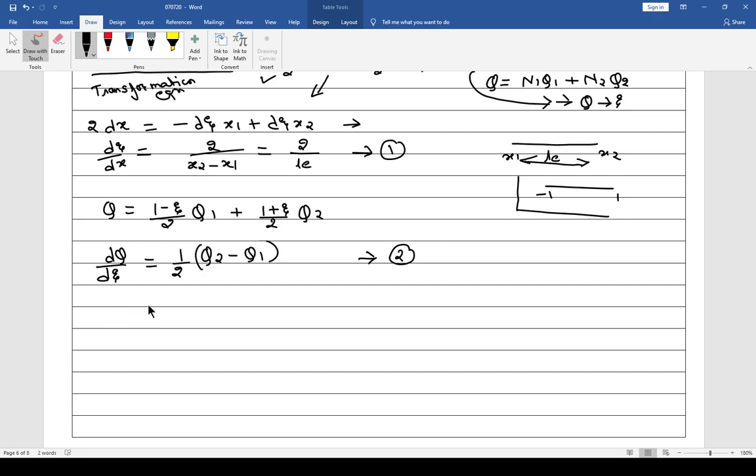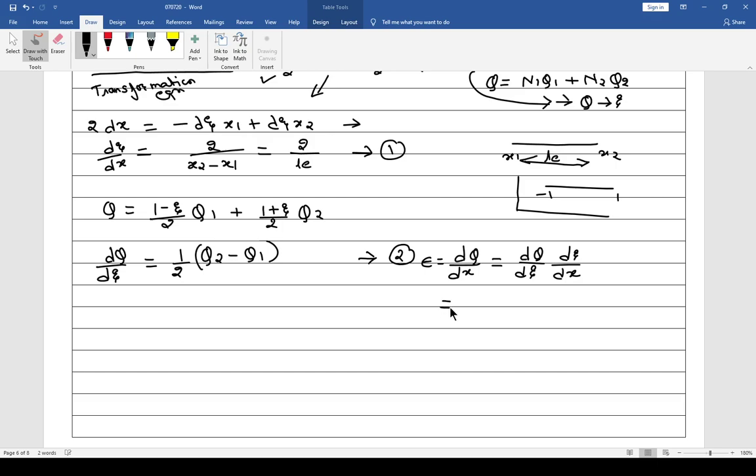So what is my target now? I want to find out dq by dx, which is actually my strain. I could say this is dq by d xi times d xi by dx, and both I have already calculated.